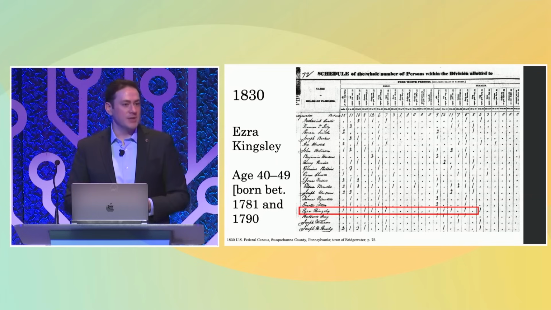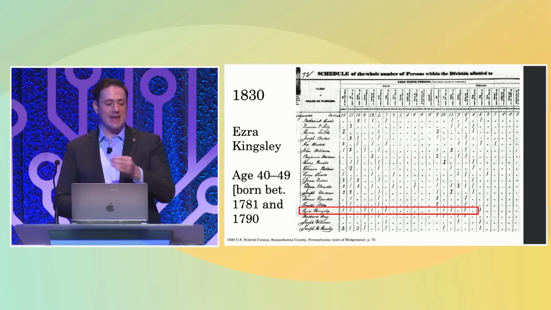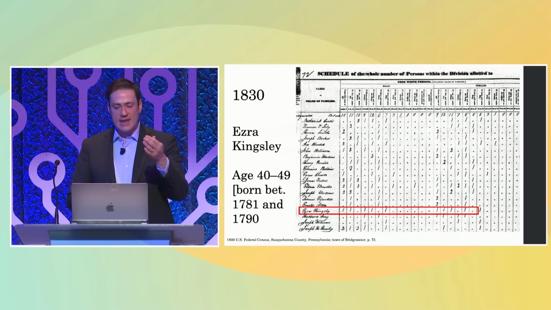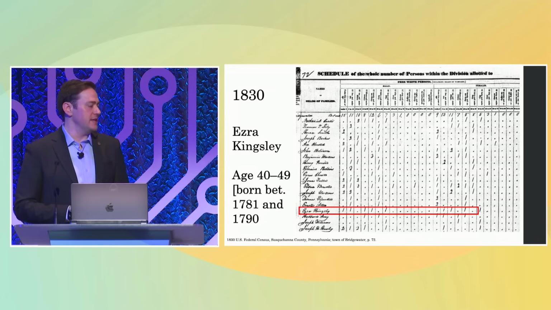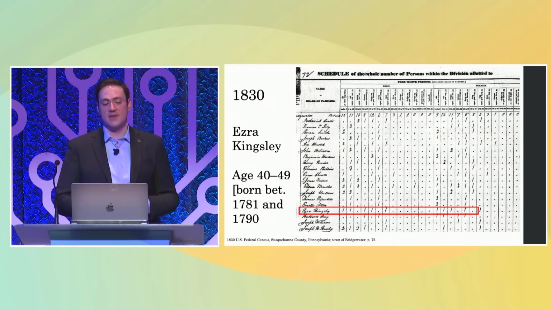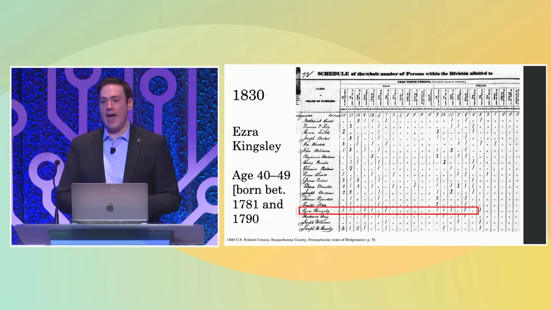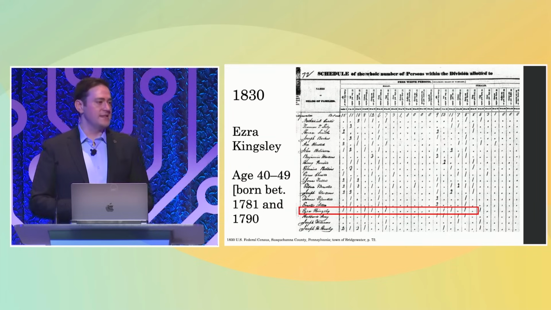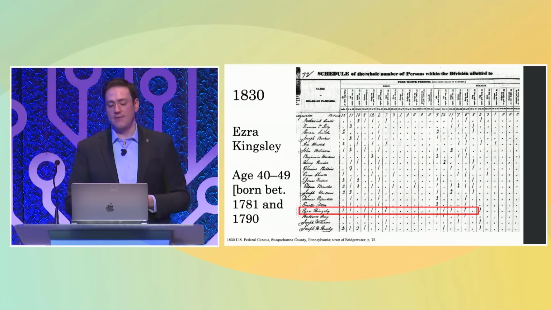On my timeline, I'm going to work backwards, and I'm going to identify what I know about that Ezra Kingsley. In 1830, I know from documentation from his children that he was living in Bridgewater, Susquehanna County, Pennsylvania. I find an Ezra there in the 1830 census, and it is consistent with his age that he was born likely between 1781 and 1790.